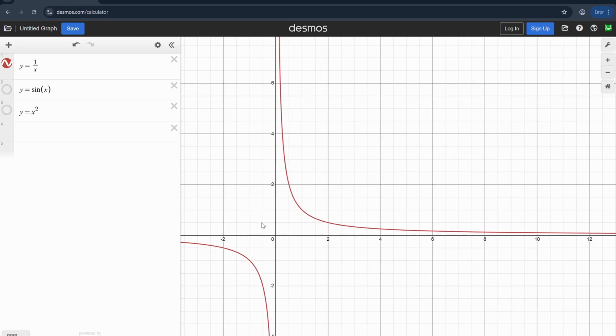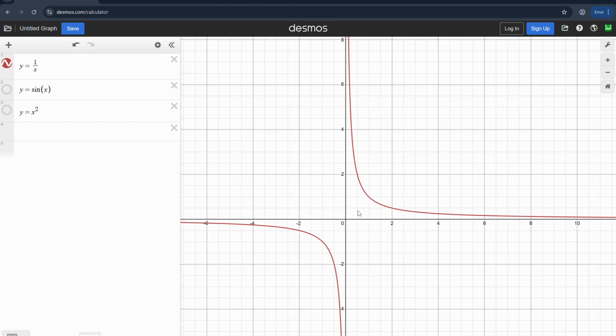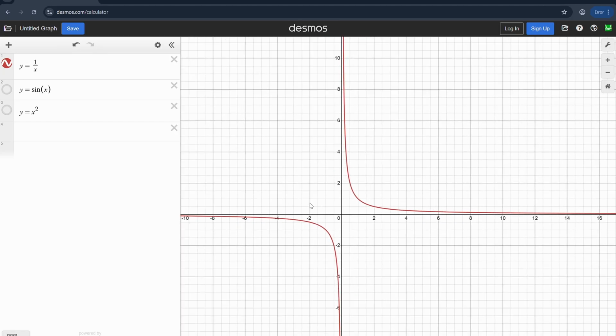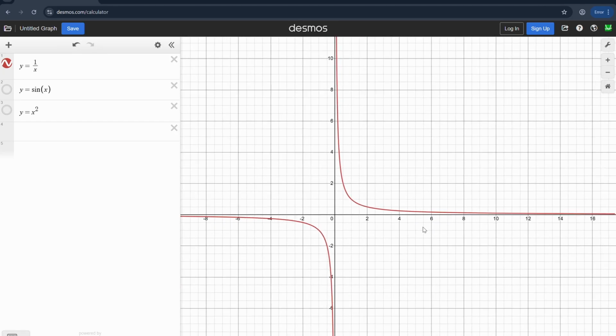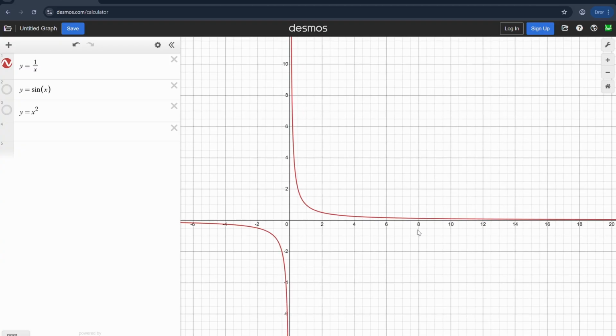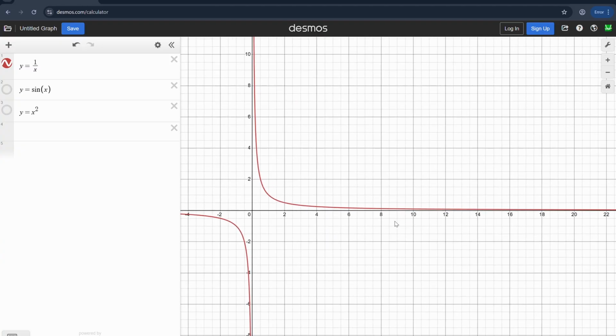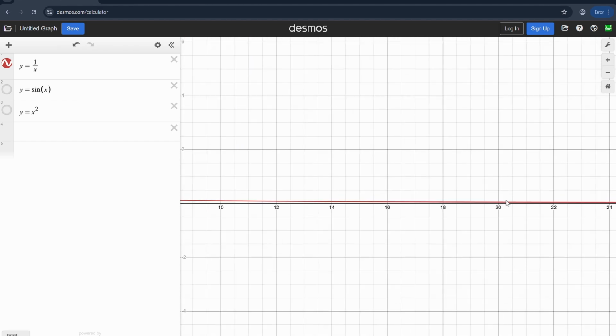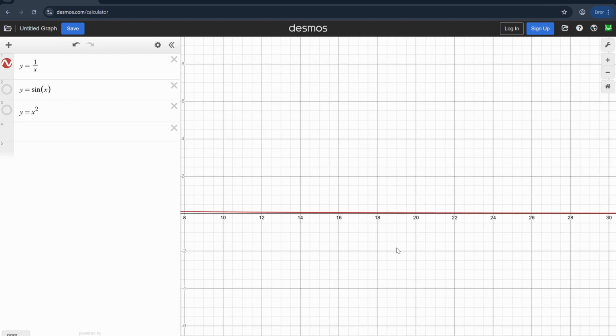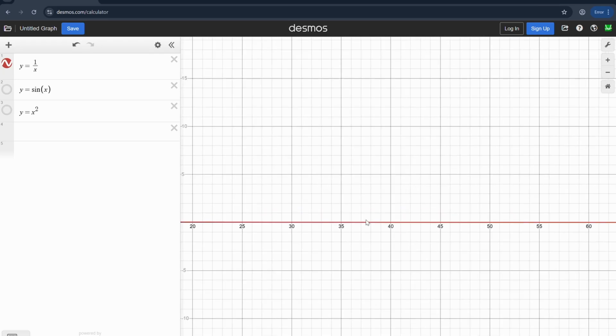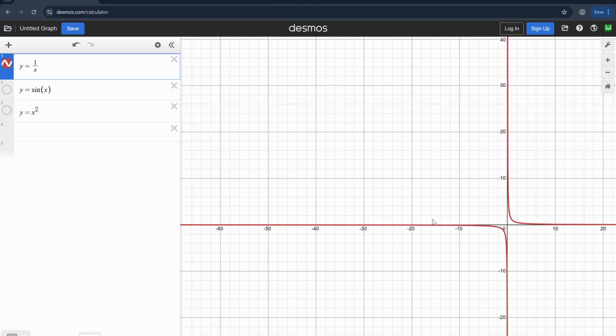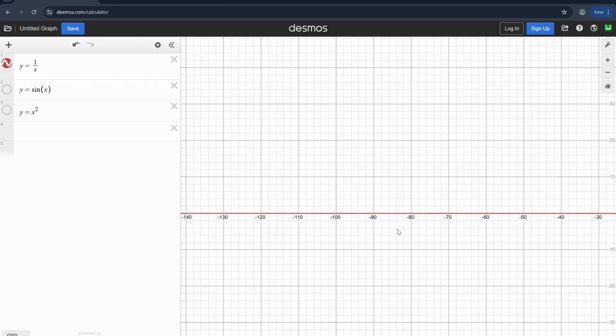And as you zoom out further and further, you can start to see what values this function eventually settles at, right? That's essentially what we're looking at when we evaluate a function that approaches infinity. What value does this function approach as x gets larger and larger, or if x gets smaller and smaller in the case of negative infinity?